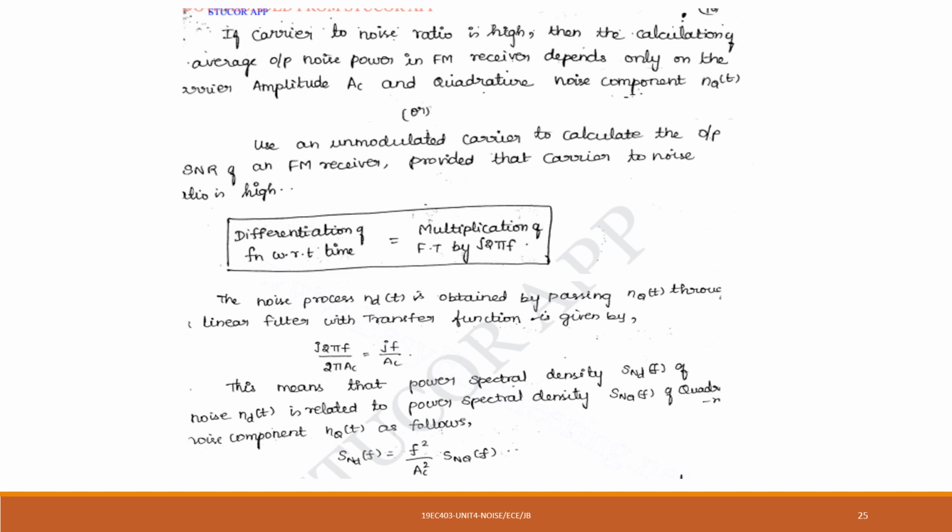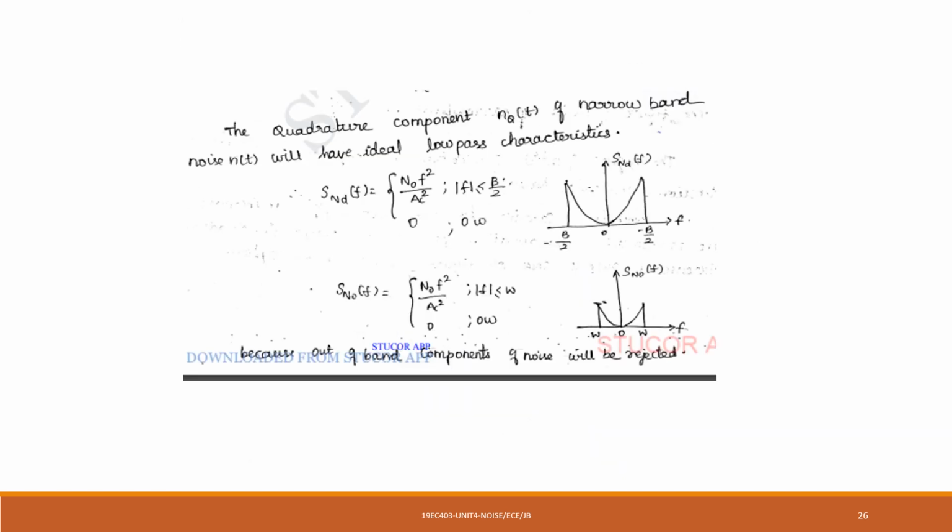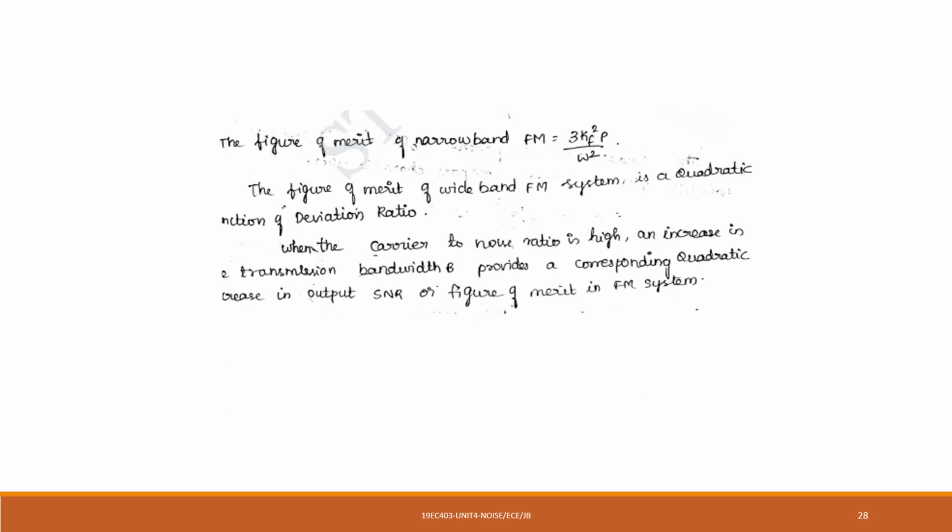The noise power is denoted by the notation nd(t), and this is obtained by passing our quadrature component through a linear filter. And then we also calculate the signal to noise ratio at the input section as well as at the output section, and knowing these values, we measure the figure of merit of the system.